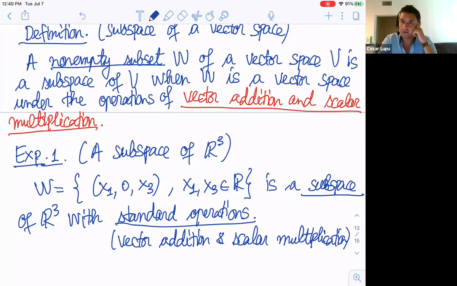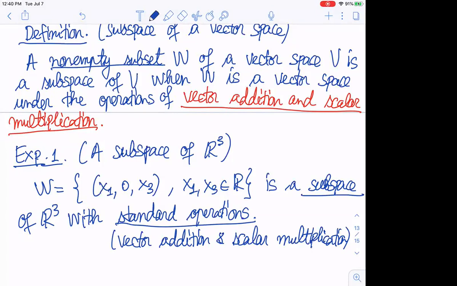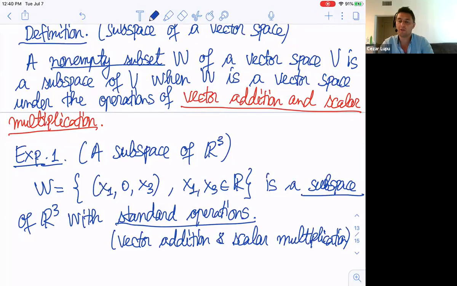Be more specific. Can you give me an example of an element that is in this set? X1, 0, and X3. Is that all one element? Okay, this is a general one, but give me one specific element.